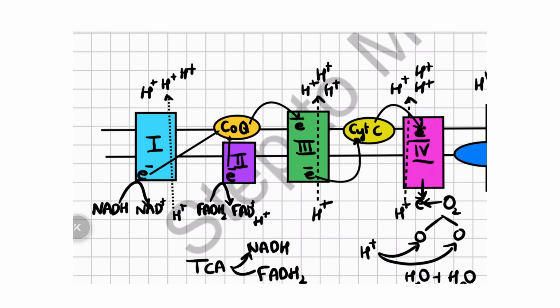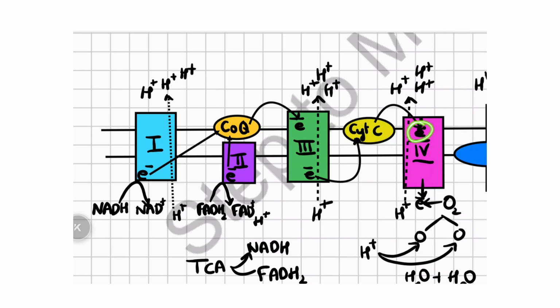Now, I want you to know that whenever a molecule like NADH or FADH2 donates an electron, it's undergoing oxidation. And I just want you to keep this in mind because it will help me explain what oxidative phosphorylation is. So now, the electrons are then passed on to cytochrome C. And cytochrome C then later passes these electrons to complex 4.